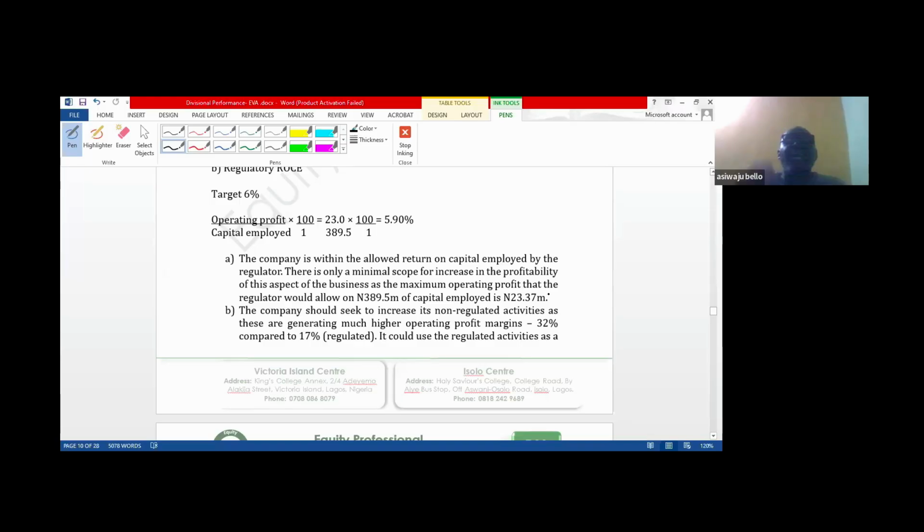That means for IPM, they must look to make profits and increase non-regulated activities, as these are generating much higher operating profit margin.